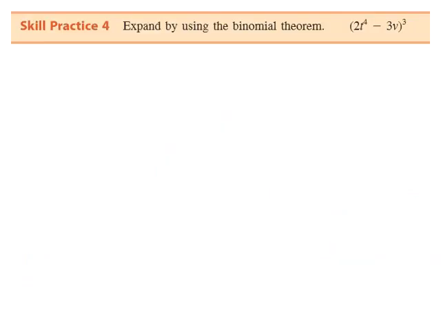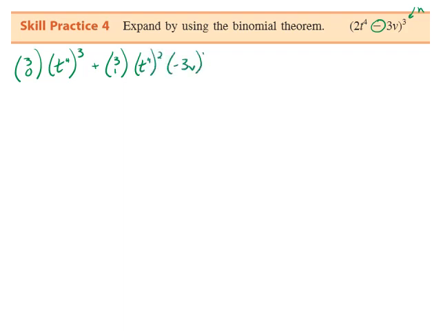Go ahead and give this one a try. Okay, when you expand this, n is 3, and be cautious of this negative sign. So we will have 3 choose 0 times t to the 4th cubed plus 3 choose 1 times t to the 4th squared times a negative 3v to the 1st plus 3 choose 2 t to the power of 4 to the 1st power times negative 3v squared.